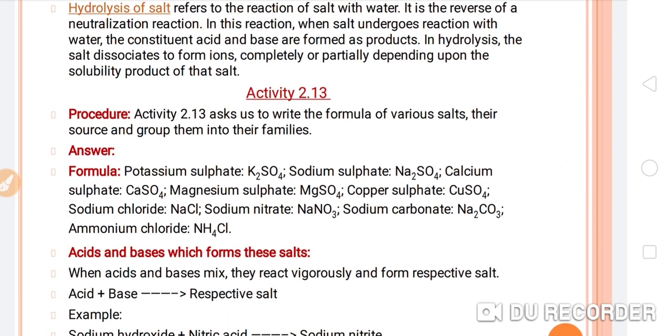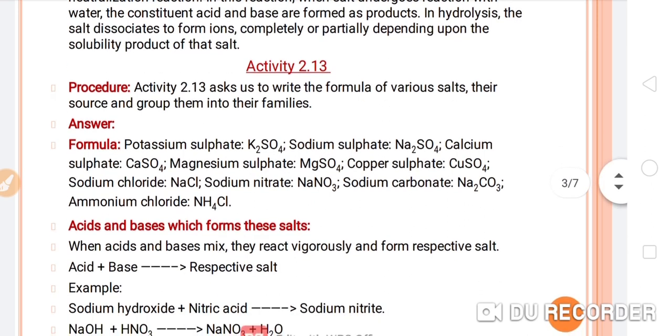So let's start, students. What is activity number 2.13? What do we have to do in this activity? Let's see. Number first, procedure. Activity 2.13 asks us to write the formula of various salts, their source, and group them into their families.